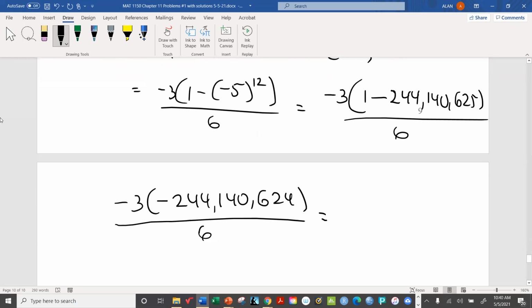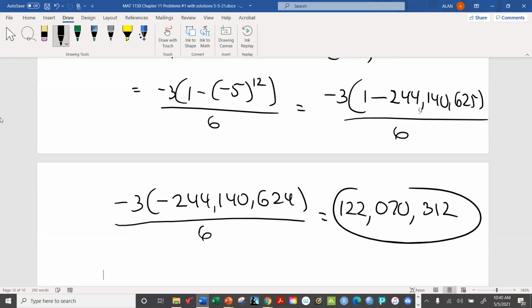All right, we'll multiply that out. Now, clearly, the negatives cancel each other out. This will be a positive number. So it works out to be 122 million 70,000 that is, and 312.